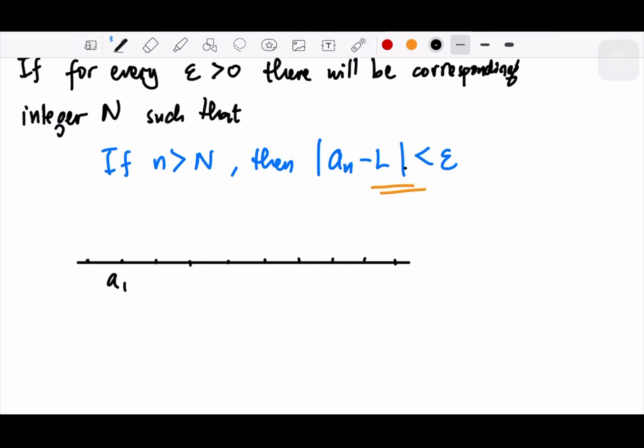If we plot some sequence, a1, a2, a3, on a number line.